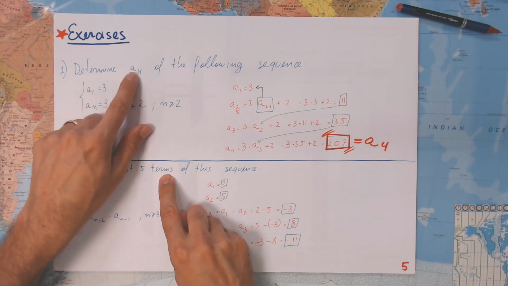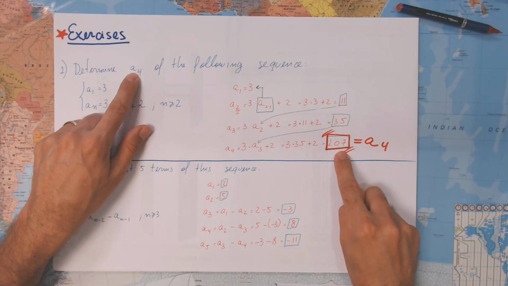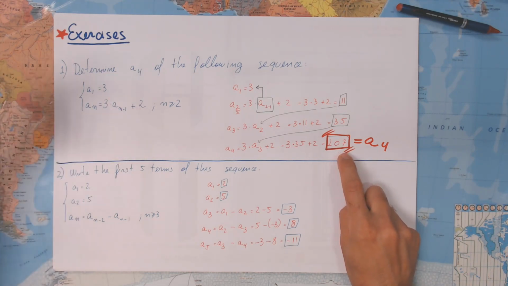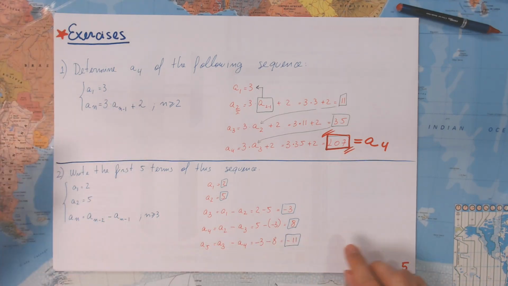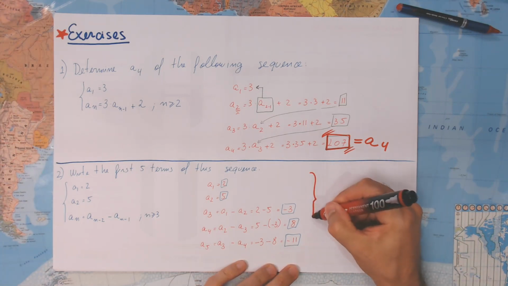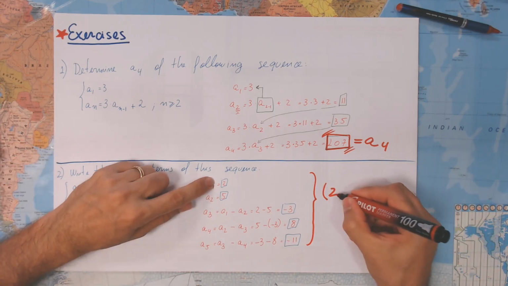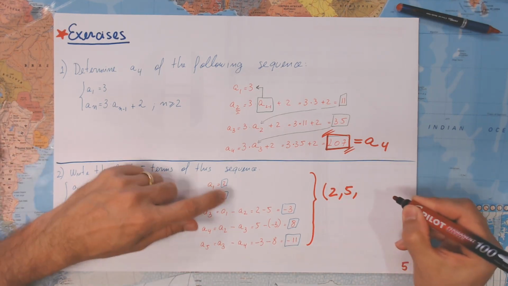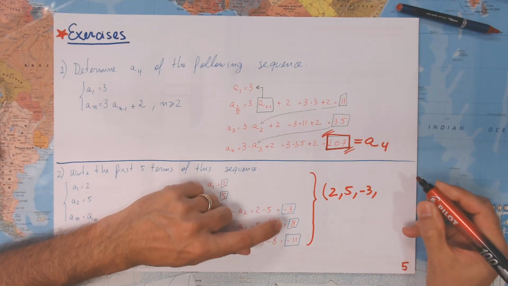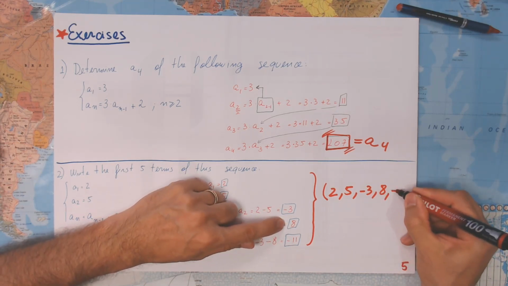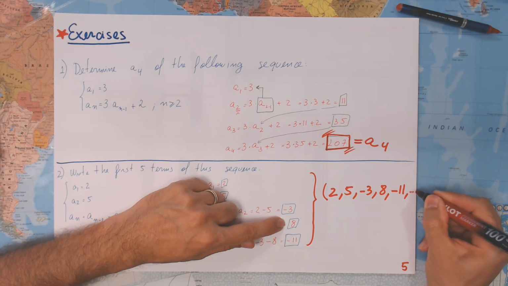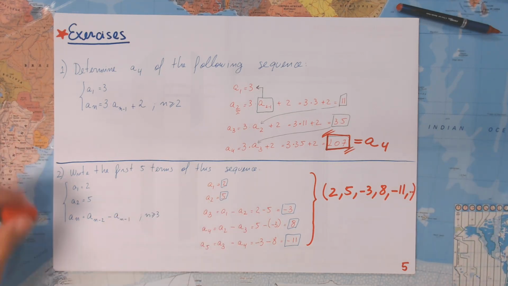In here, just a4 is okay. But now, if you have to present the first 5 terms, open the braces, start 2, 5, minus 3, 8, minus 11, and continue. Then it's a little bit better. This is the exercise.